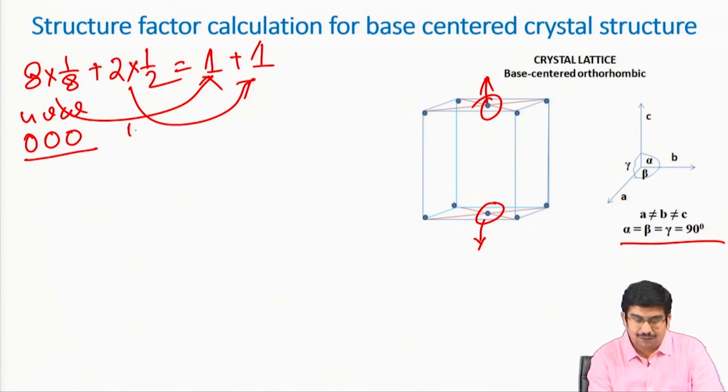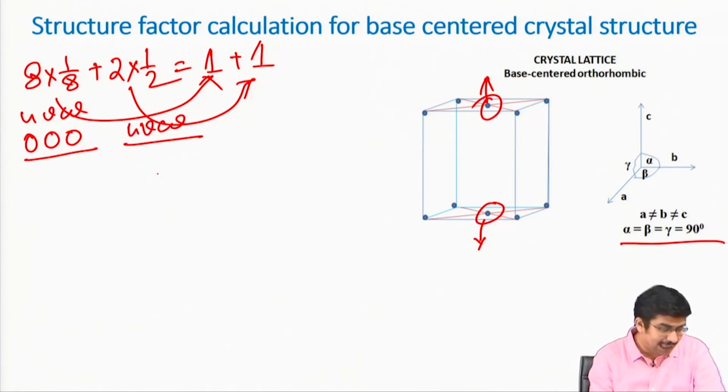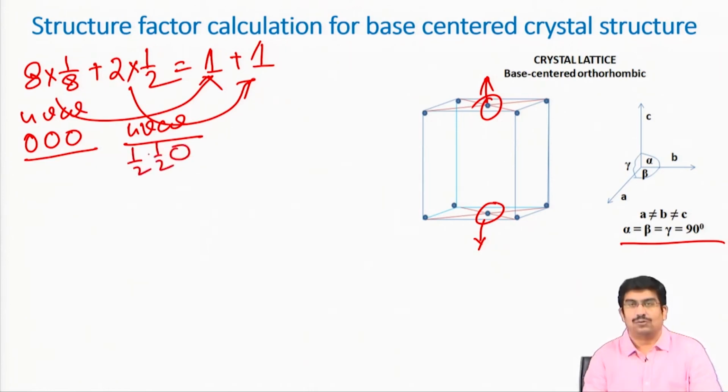What about this? For this, UVW will be something like half, half, 0. That will be the fractional coordinate, you can check it here.